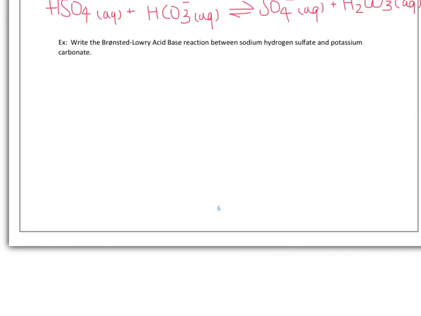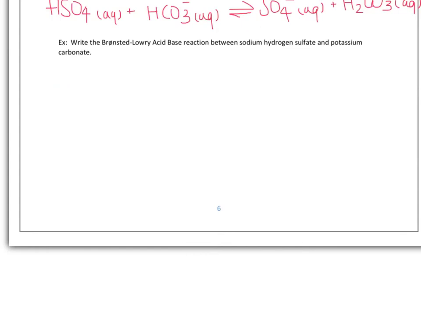Let's put this all together now and try one last example. Write the Bronsted-Lowry acid-base reaction between sodium hydrogen sulfate and potassium carbonate. You will have to recall the rules of naming from Science 1206, as well as use your periodic table, in order to write the formulas for sodium hydrogen sulfate and potassium carbonate.